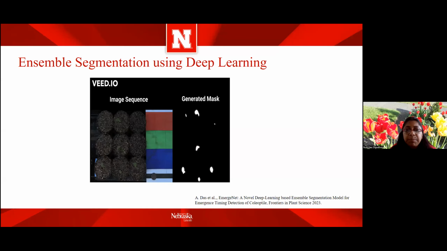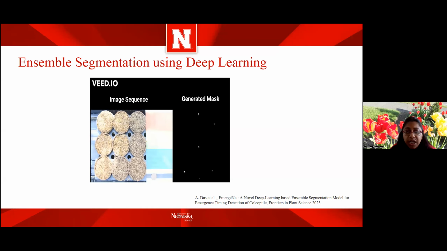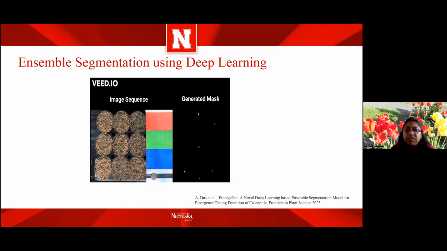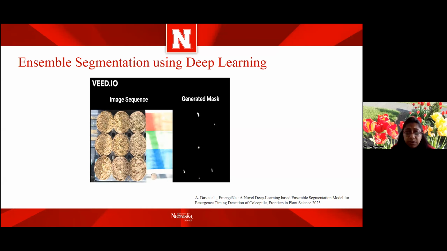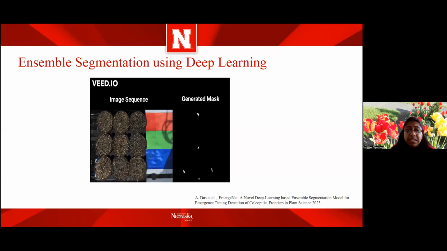Now, if the segmentation becomes really challenging, if you look at this video here, very tiny coleoptiles are there. Even it is hard to detect with naked human eyes. We are showing the mask at the right hand side to show there is indeed presence of coleoptiles, but it is really hard to identify them even with naked eyes.